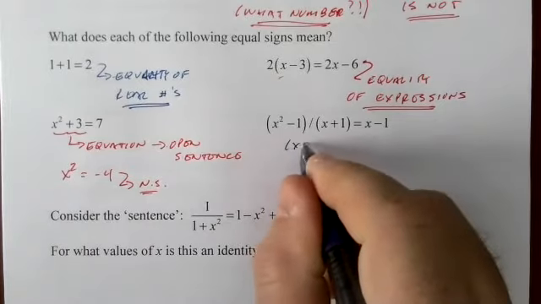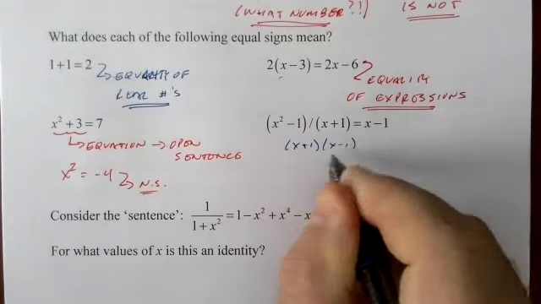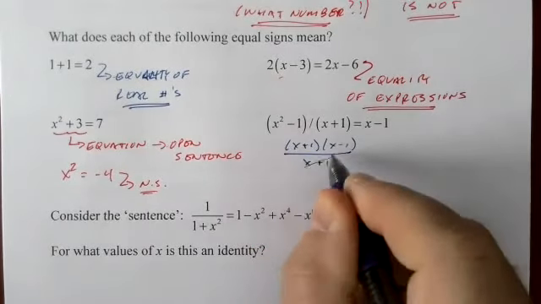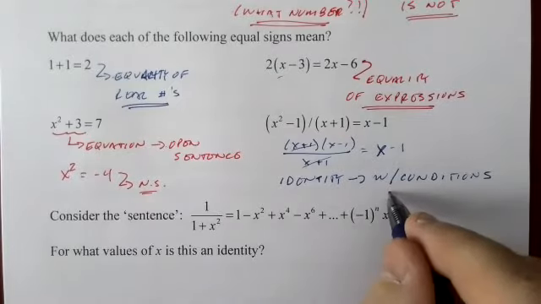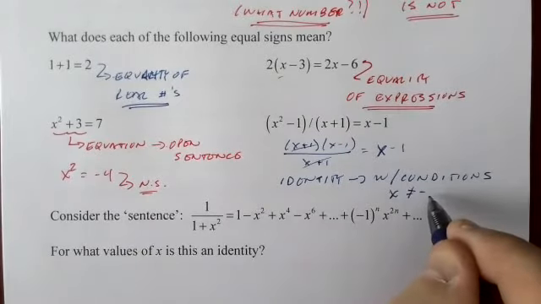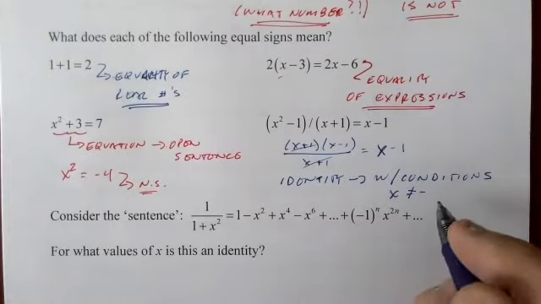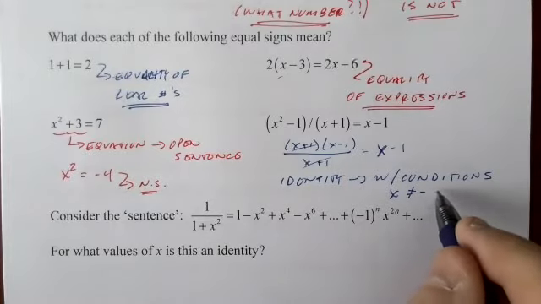And this is just if I go x plus 1, x minus 1 over x plus 1, cancel, cancel, I'm left with x minus 1. So we would say this is an identity, but it's got conditions. For this one, x cannot equal -1.